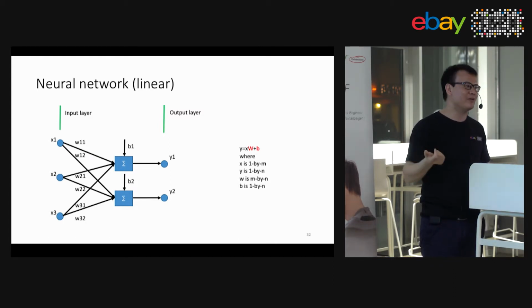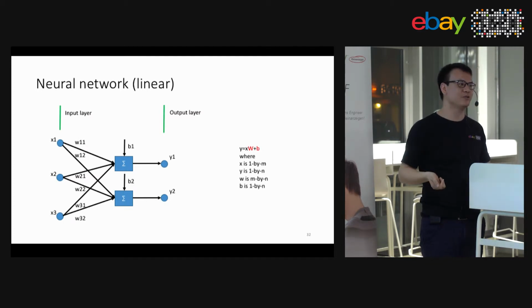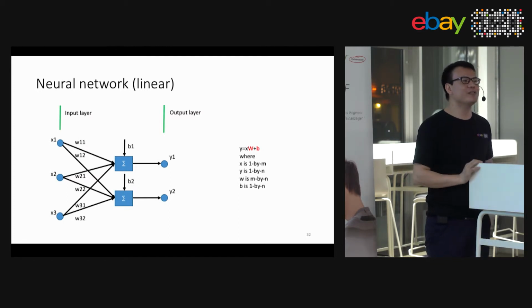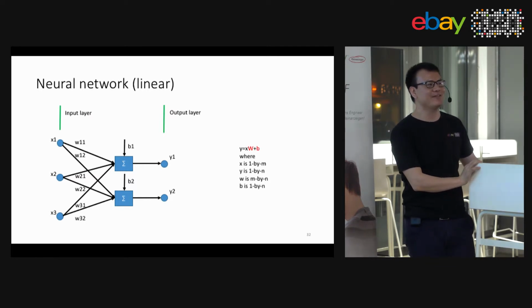In our case, we are classifying a human being as male or female, so it's 1 by 2 in our specific example. And then w is m by n, and b is 1 by n. This is the more general case for analyzing this neural network, which contains 2 neurons. Any questions so far? It's quite easy to understand, I think.